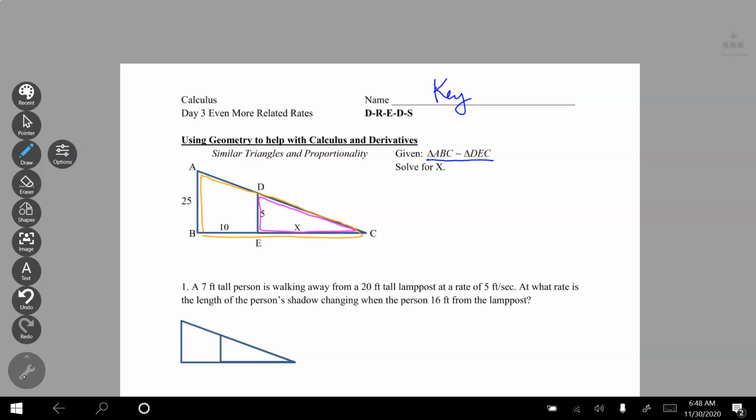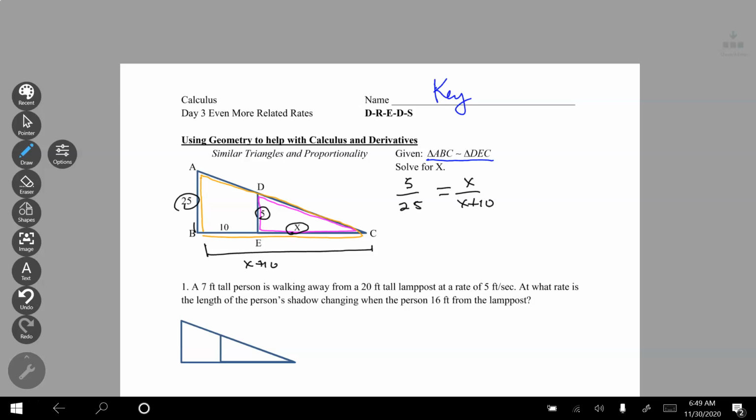So right now I have this side, the left side of triangle DEC, which is 5, over the side here of triangle ABC, which is 25, is equal to, well, this side is x on the smaller triangle over, and this whole side here is x plus 10.